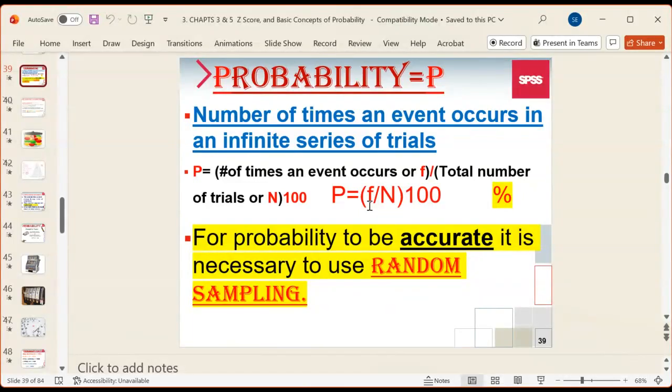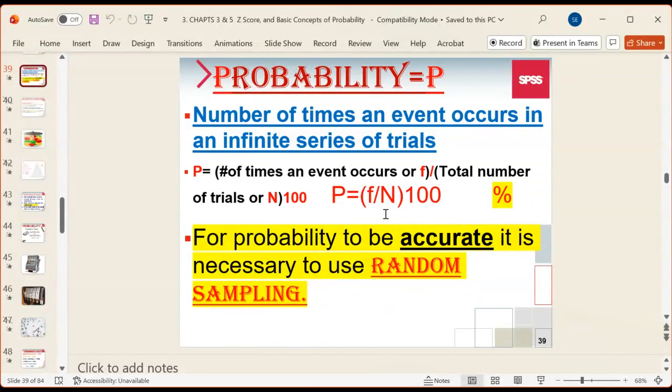There's only one tail, one head. And the total number of possibilities is 2. So 1 over 2 is 0.5, times 100 is 50%. So the chance of getting head or tail is 50%, 1 out of 2.